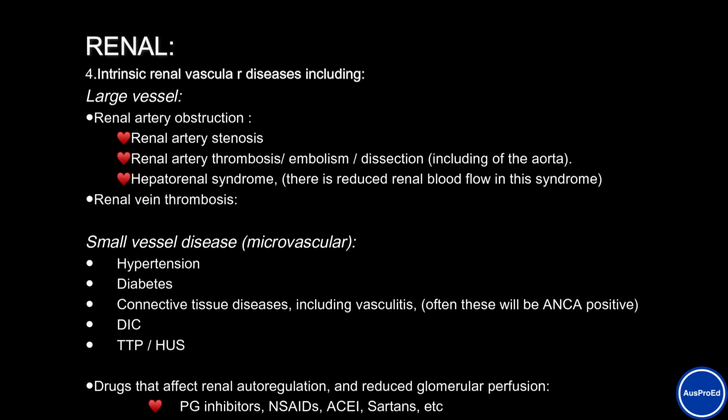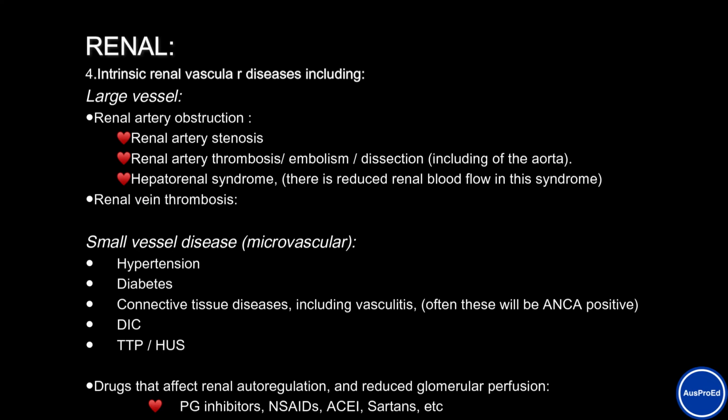And then finally, we've got intrinsic renal vascular disease that includes large vessels, so renal artery obstruction, such as renal artery stenosis or renal artery thrombosis or embolism or dissection, or hepatorenal syndrome. There's a reduced renal blood flow in this syndrome, or renal vein thrombosis.